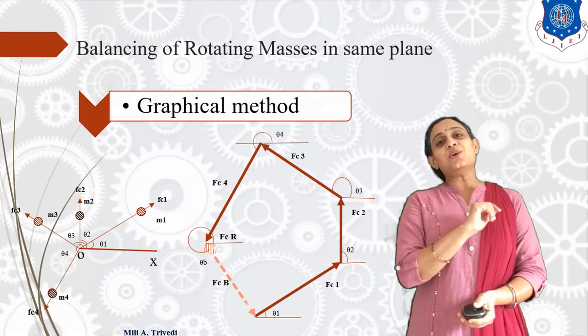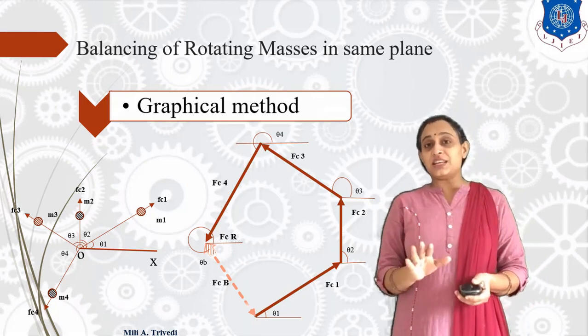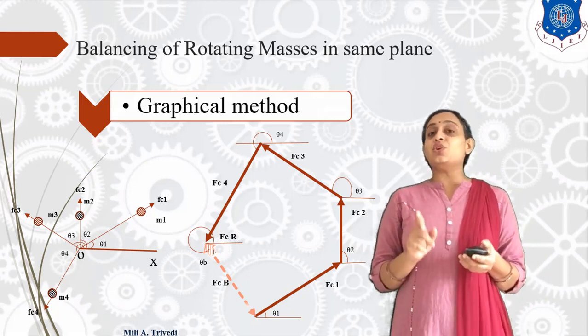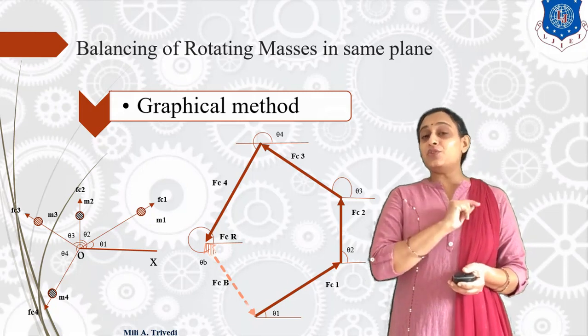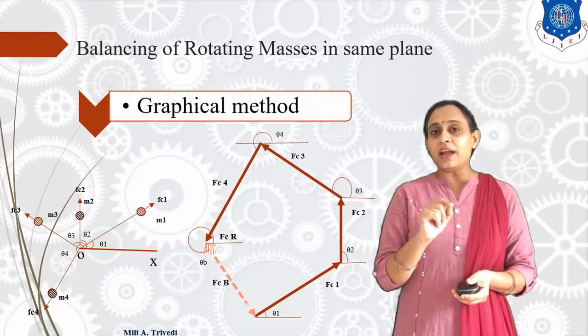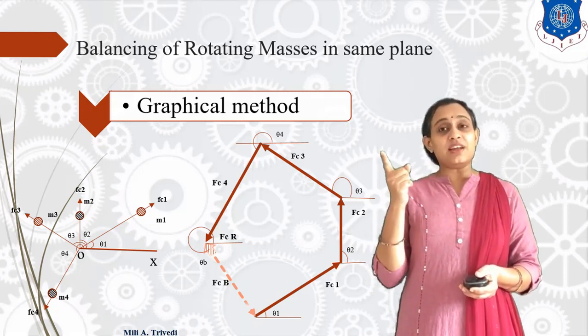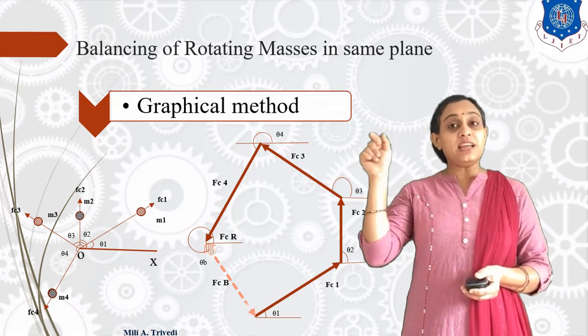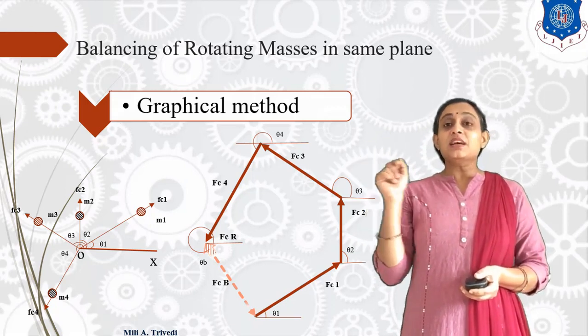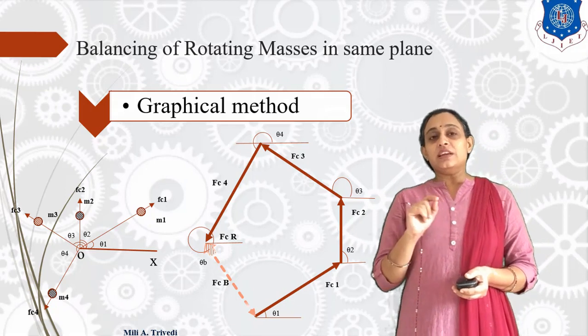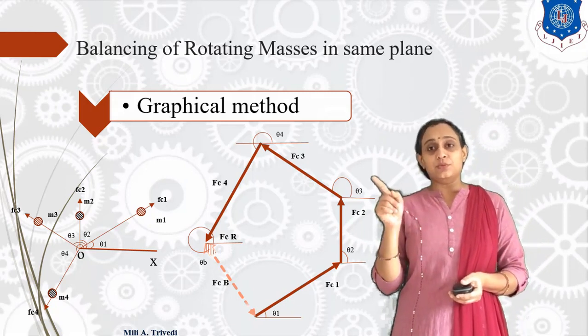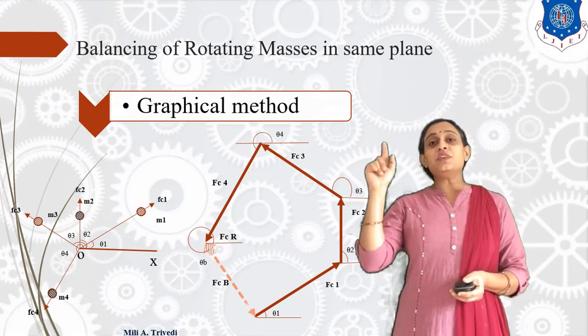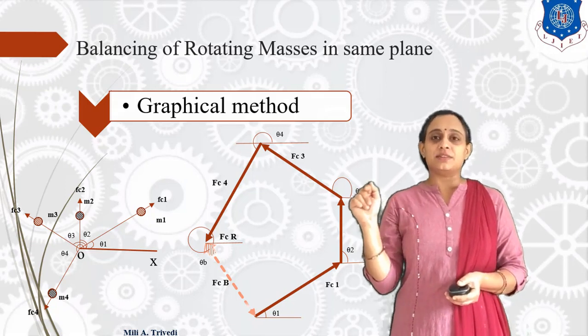Now, according to our system, we have to draw the vectors. If we draw the vectors from tail to head, the next vector will start from the head itself. It means suppose FC1 has its head at theta 2. Then FC2 will start from the head of FC1.